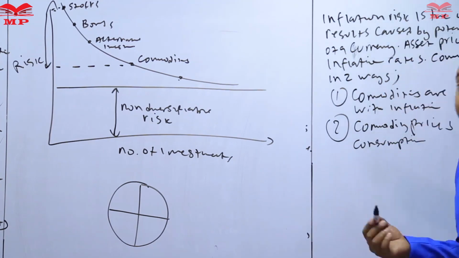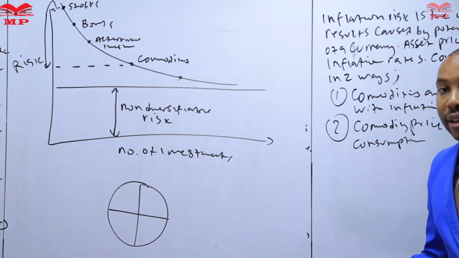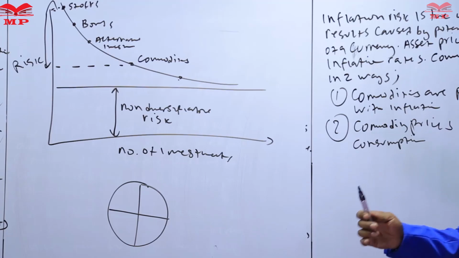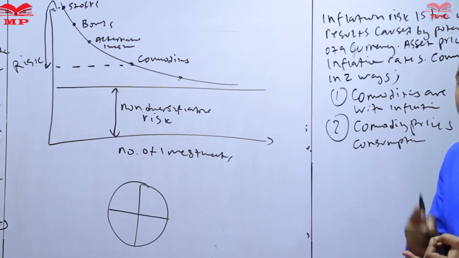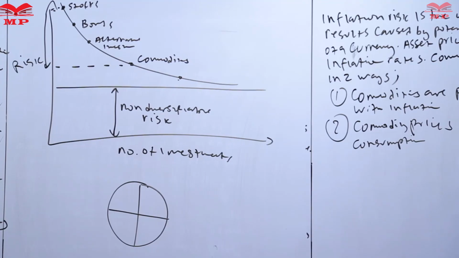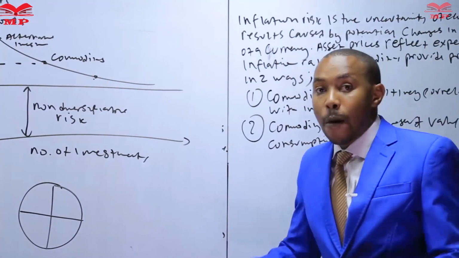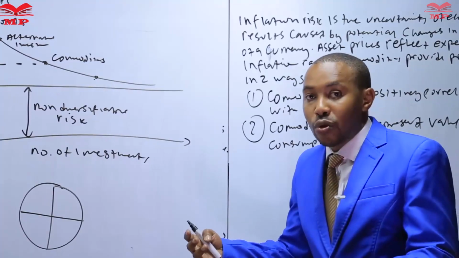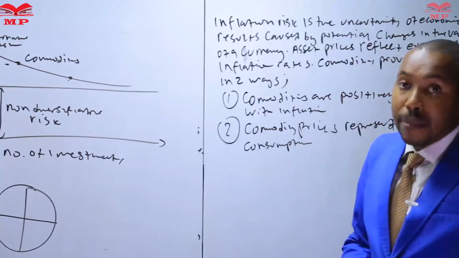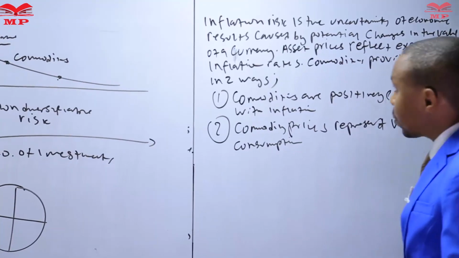It is to a great extent based on the forces of demand and supply. We are dealing with physical commodities, for example wheat and barley. It is expected that they are going to be consumed in future, and hence commodity prices represent value for consumption. How much am I paying so that I can purchase a given commodity?